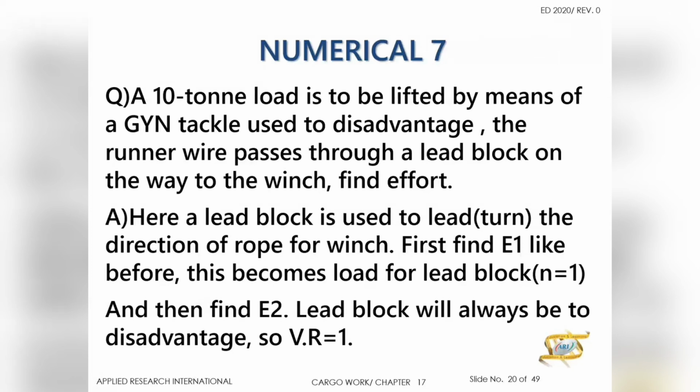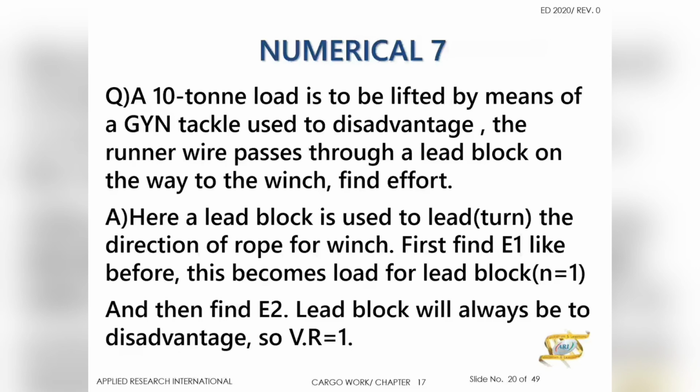Okay. Here is a lead block used to lead the direction of rope for the winch. First find effort 1 like before, which becomes the load for the lead block, n is equal to 1. The lead block will always be to disadvantage, so VR is equal to 1.